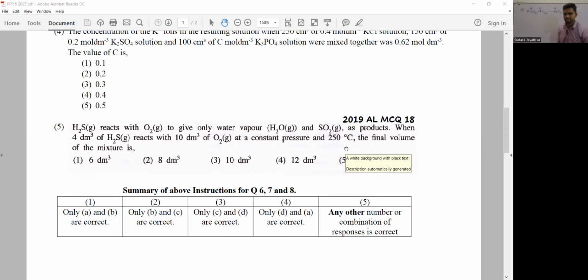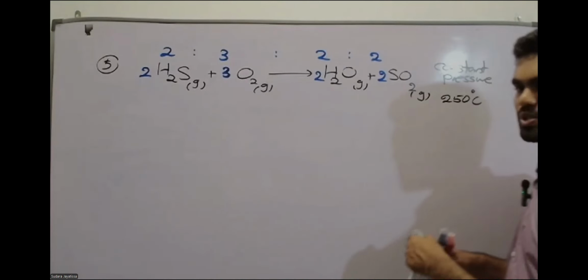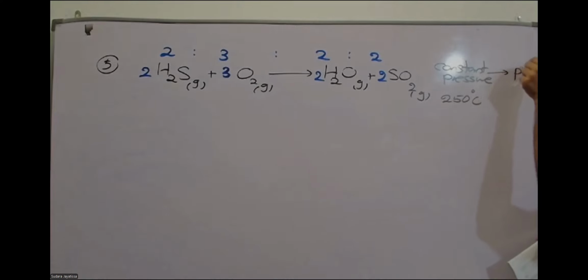Did you notice that? It is telling something very important. If it is done at constant pressure, which means pressure is a constant, and temperature also is a constant value, right? So temperature is also constant.